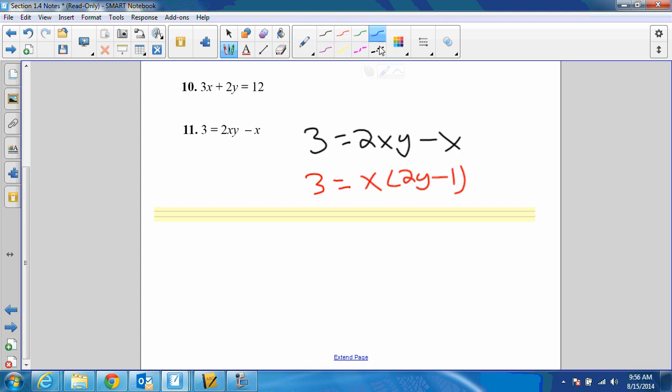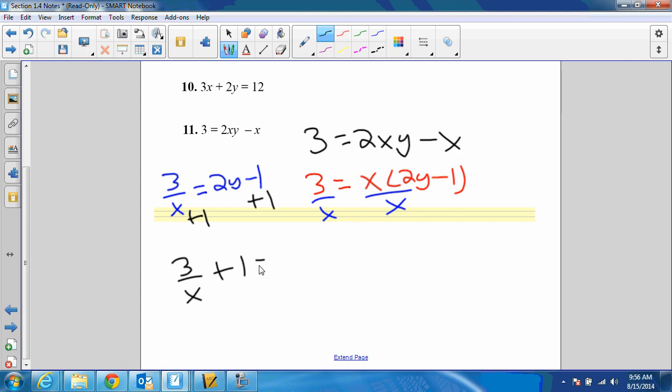From there, what we can do is move the x to the other side by dividing by x. So we have 3 over x equals 2y minus 1. Then we can add 1 to both sides. So we have 3 over x plus 1 equals 2y. And then the last step is to divide by 2.